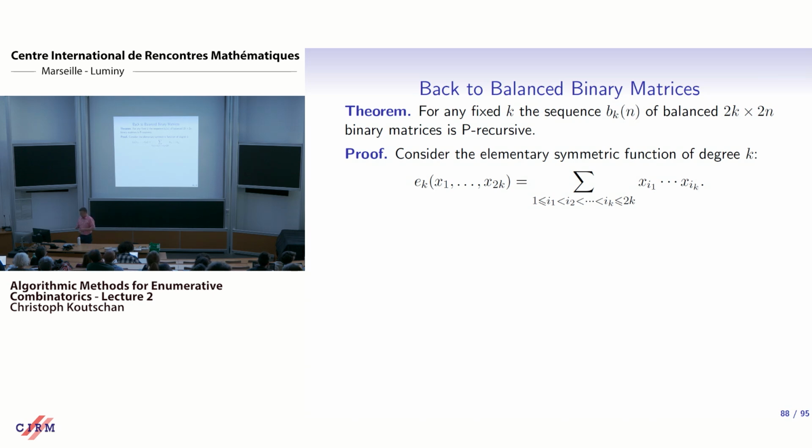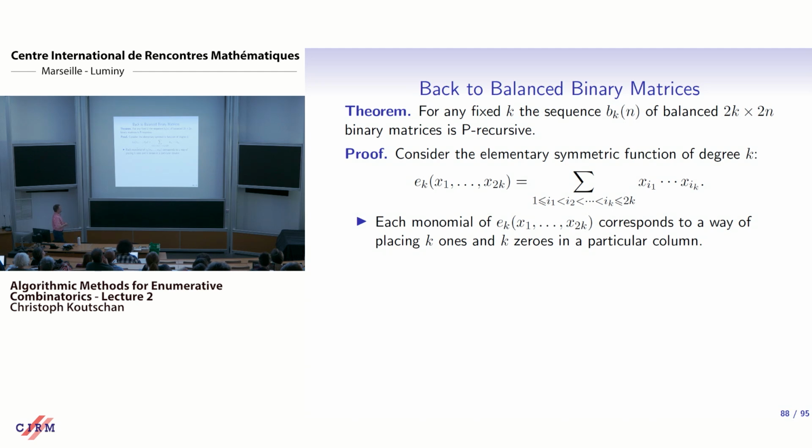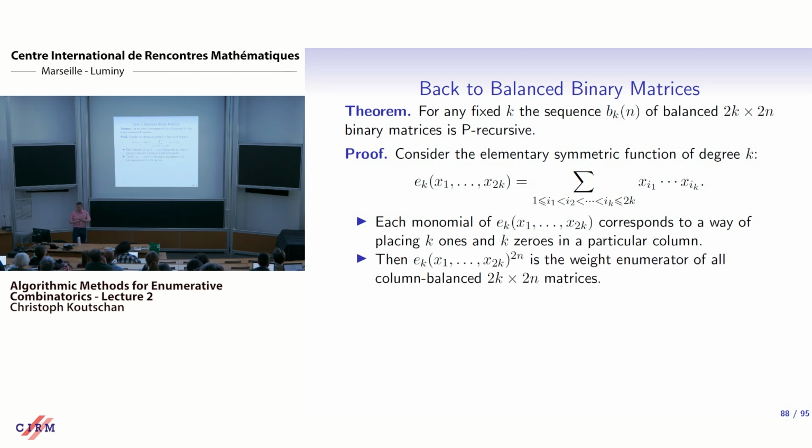It's not so difficult. So we use the elementary symmetric function in 2k variables of degree k. So this is this. And we observe that each monomial in this symmetric function corresponds to one column in our matrix, to a choice of placing k 1s and k 0s in a column of length 2k, each monomial of this symmetric polynomial.